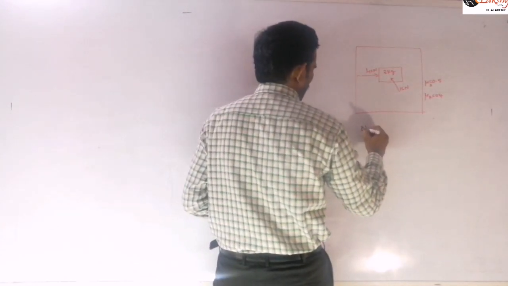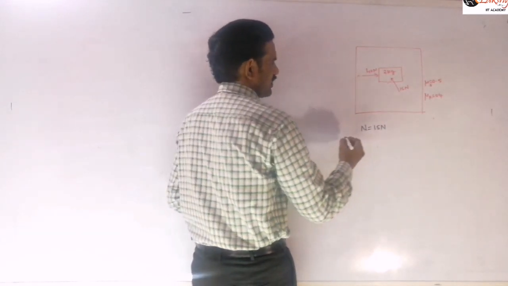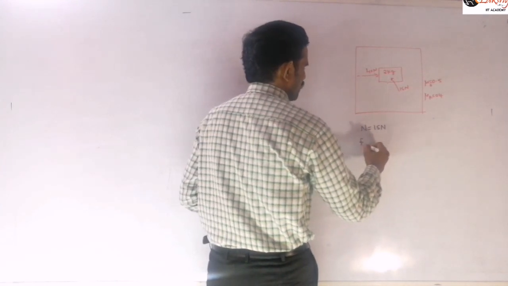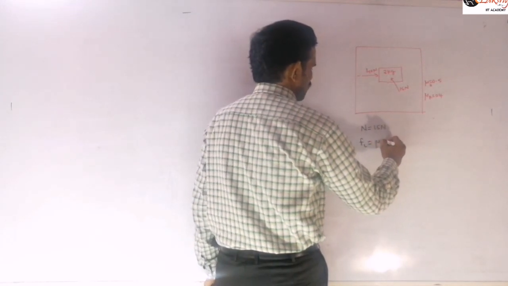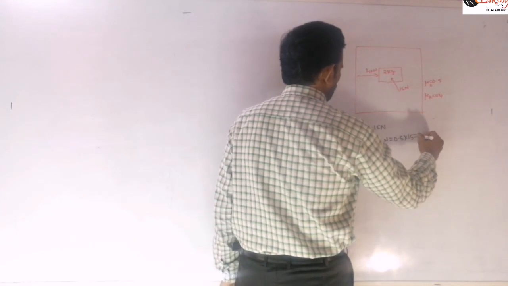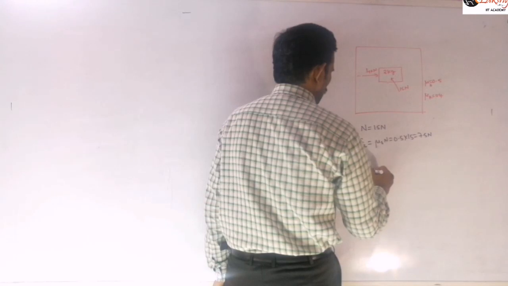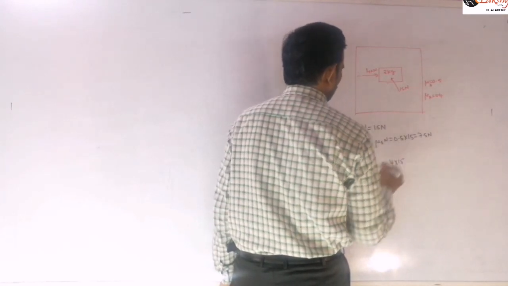Therefore N is equal to 15 newtons, and the limiting friction we can write as mu s into N, which is 0.5 into 15, which is 7.5 newtons. And the mu k value we can write as 0.4 into 15.